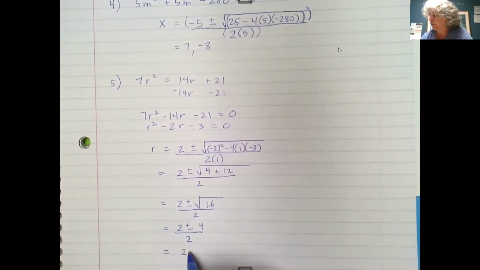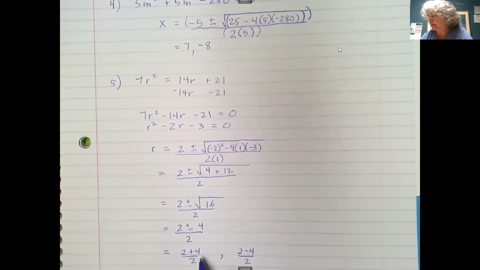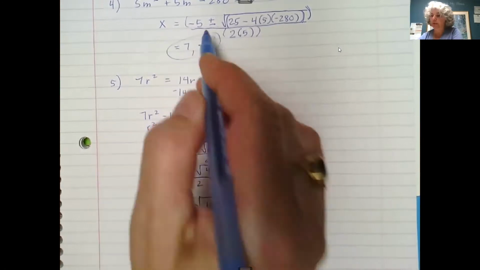And then we have 2 plus 4 over 2, if you want to write it like this, and 2 minus 4 over 2. 2 plus 4 is 6. 6 divided by 2 is 3. 2 minus 4 is negative 2. Negative 2 divided by positive 2 is negative 1. So those are our two answers. Go ahead and circle the answers up here as well.